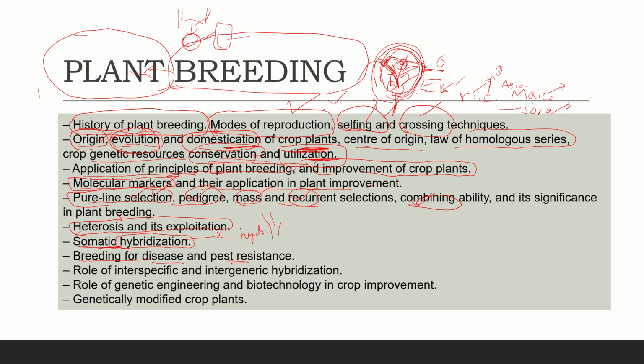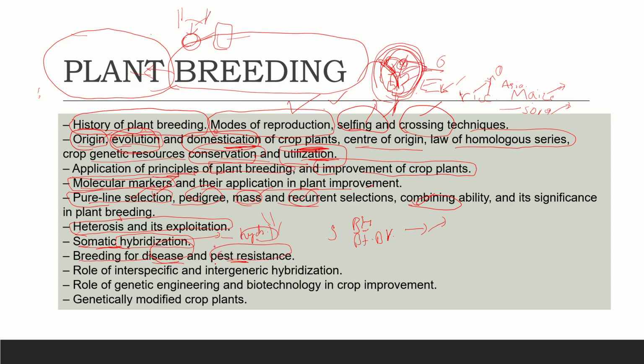And breeding for disease and pest resistance. There are certain plants like Bt cotton or Bt brinjal. In such a way, certain varieties have been produced to be resistant to diseases, so automatically no disease will come.